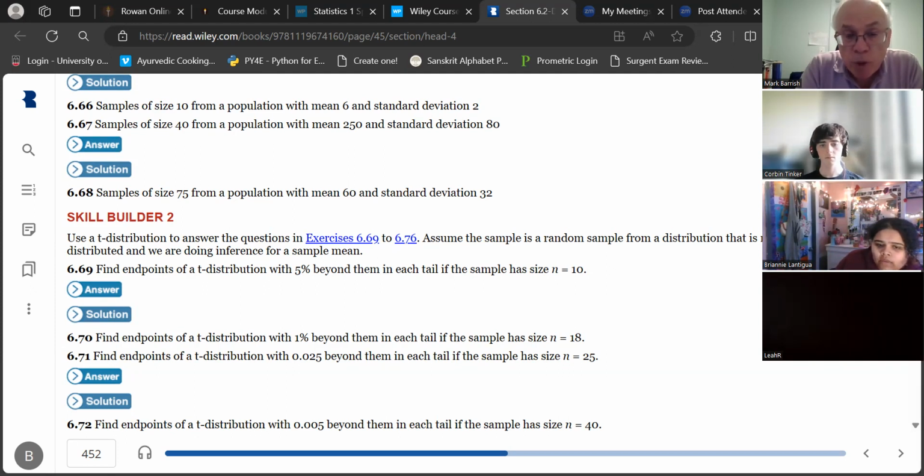So if that's true, what's the middle area? Just picture in your head what a bell-shaped curve would be. If 5% in the left tail, 5% in the right tail. Anybody might want to say what the middle is? 90. All right, so I'm going to actually write this down.